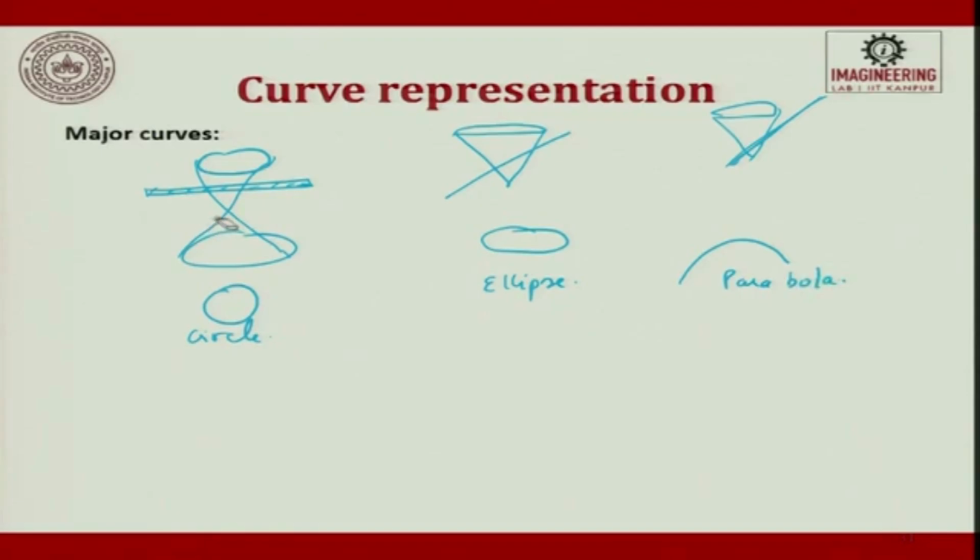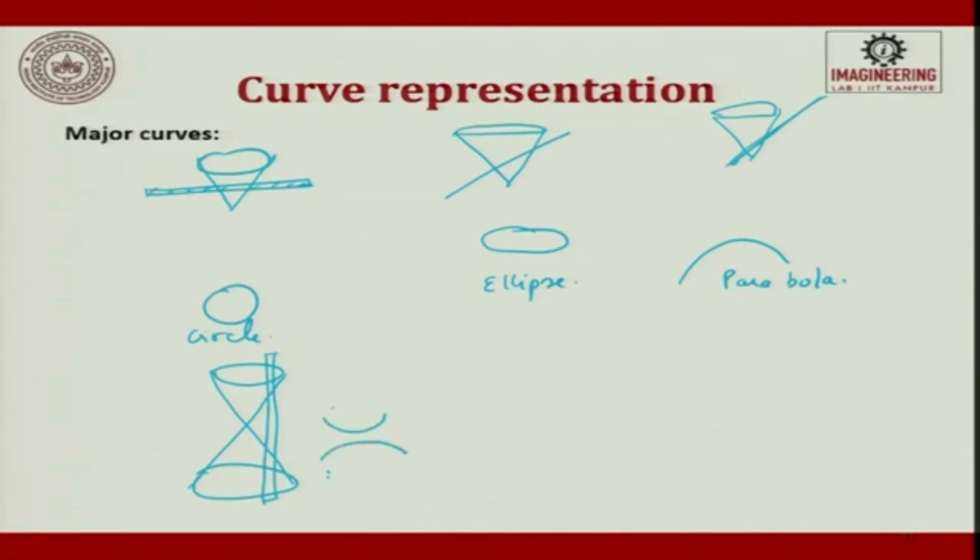I can even remove this part. I can draw a cone and then take a section. This is all from a triangle. Now we need to have two curves, and then if I cut the plane like this, what I get is a hyperbola.